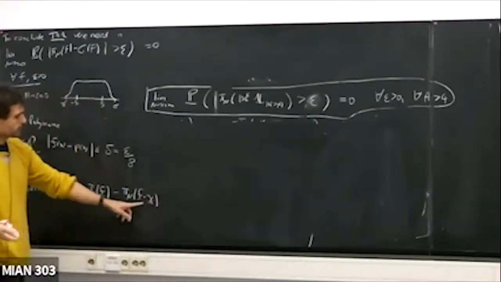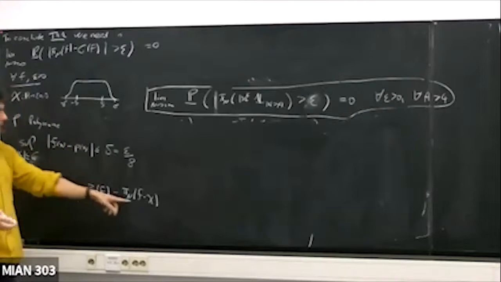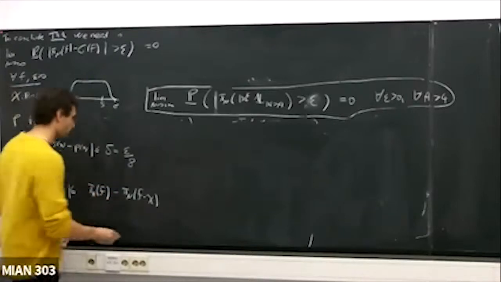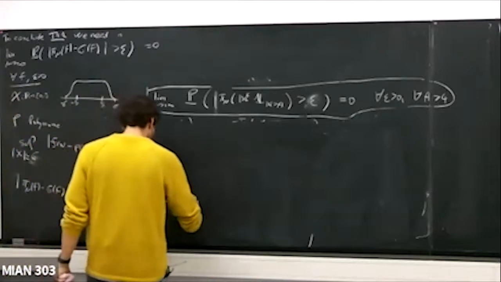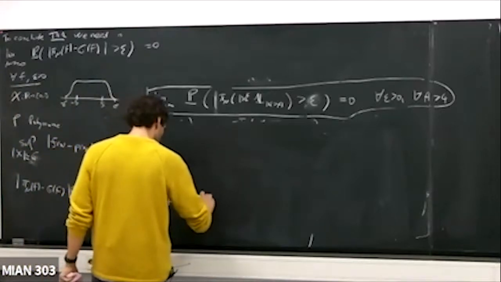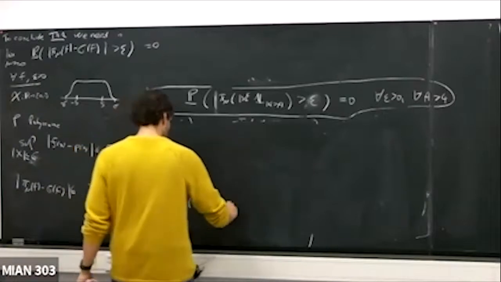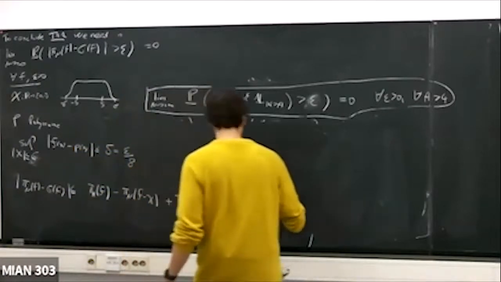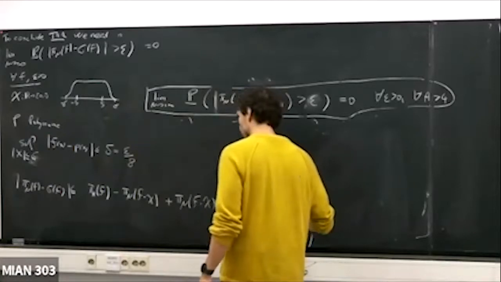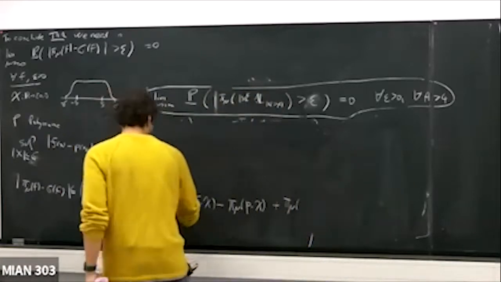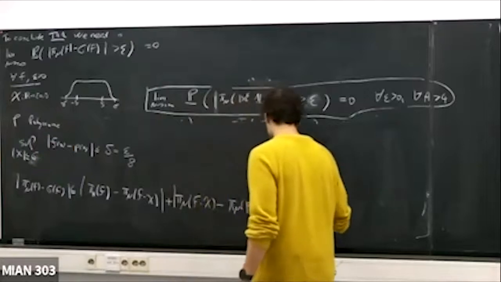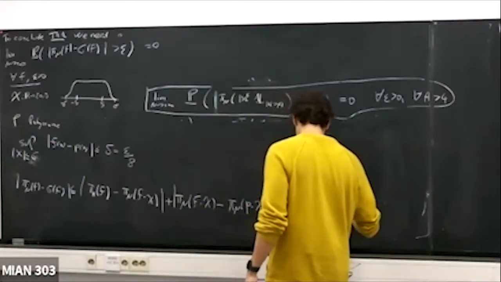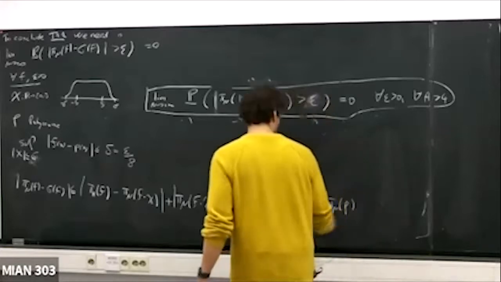This is also a smooth function because chi was smooth, but it's supported between -6 and 6. Plus pi n of f chi minus pi n of p chi, plus pi n of p chi minus pi n of p on the polynomial.